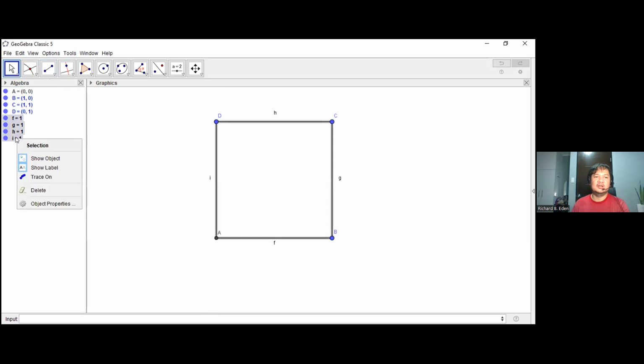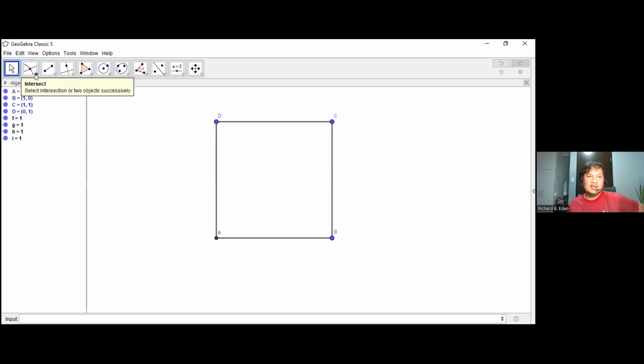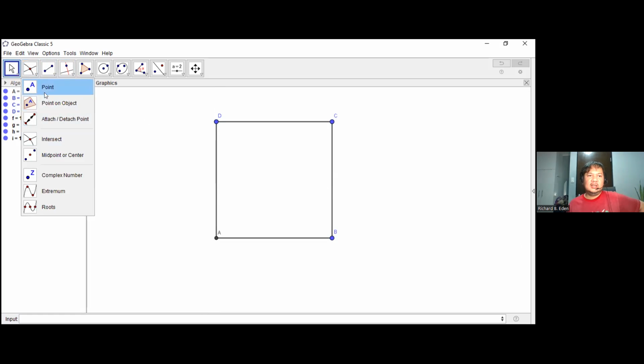So kita naman natin dito, the fact that these 4 segments all have length equal to 1. And then let's choose a point here.